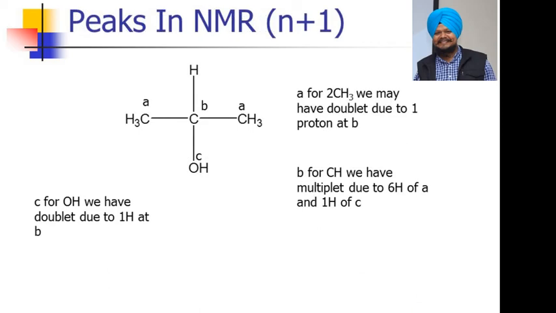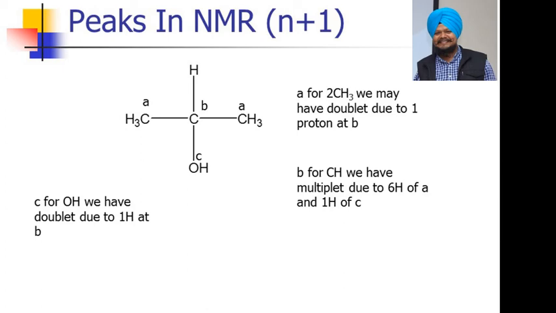Next is peaks in NMR. We have already described how many peaks there are. There is a type of proton, meaning similar protons in a similar environment. A for CH3 we may have a doublet due to 1 proton at B. If there is 1 proton here, we put 1 plus 1, which equals 2, so it will be a doublet.